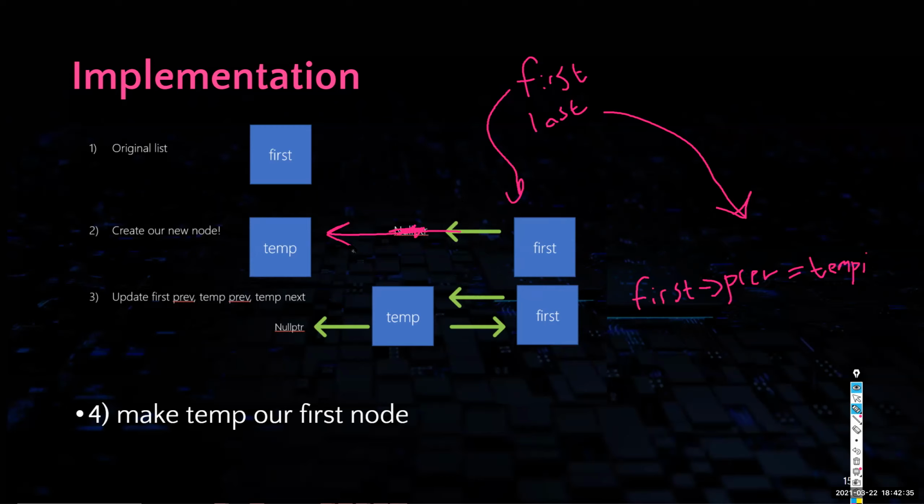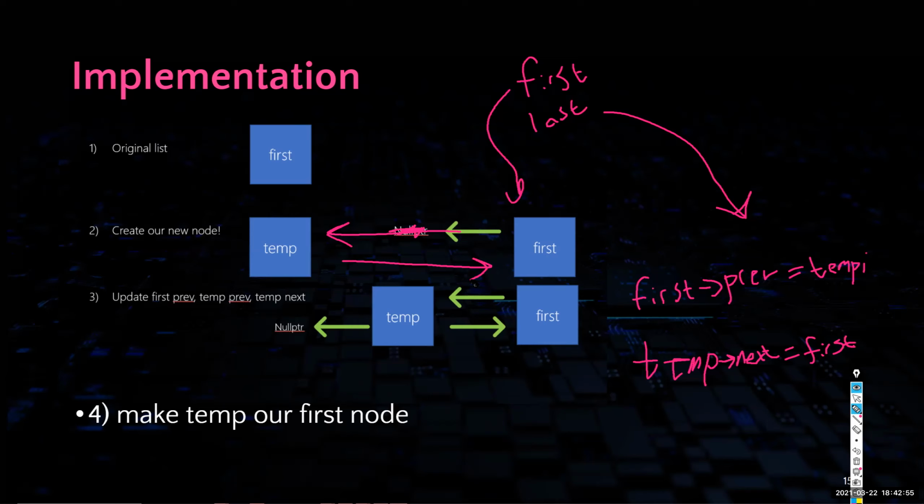That's great, right? Same thing, I want to say temp next is going to be our first. And I've created this branch right here. So now our nodes are connected and everything's all good.